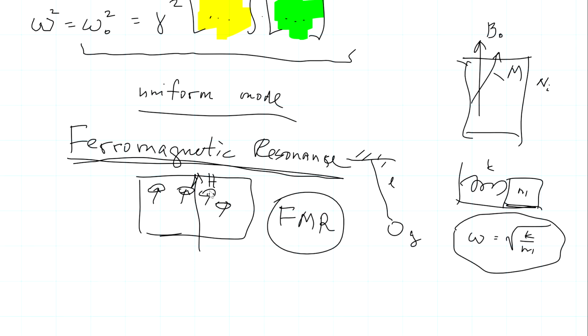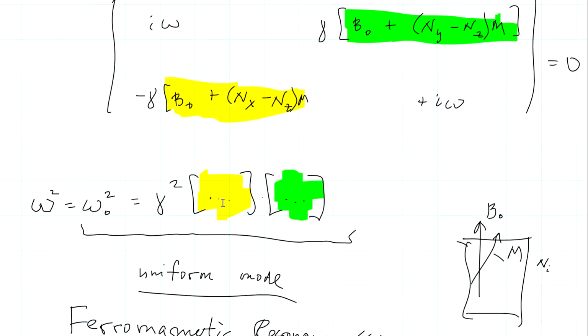And the frequency of this oscillation, of course, if you look at these yellow and green parts, would depend on the magnetization. Here is this magnetization. And it would also depend on the applied magnetic field, B.